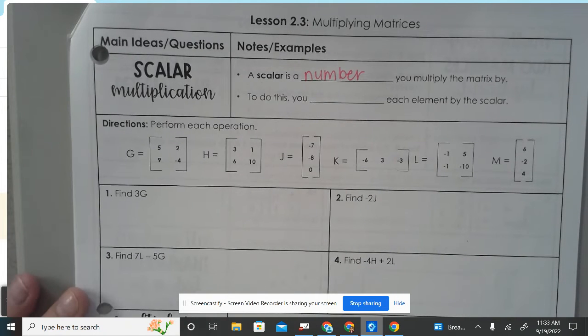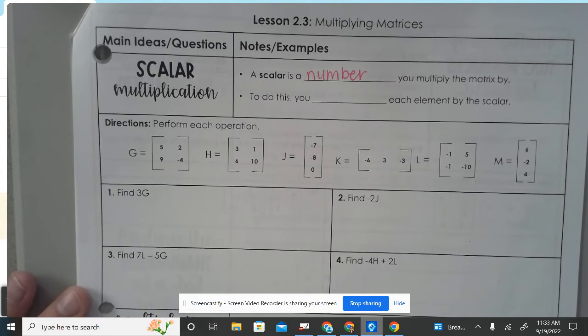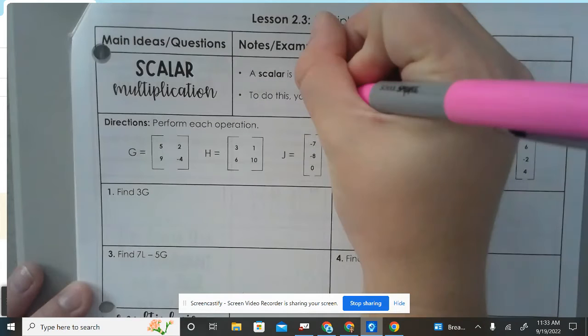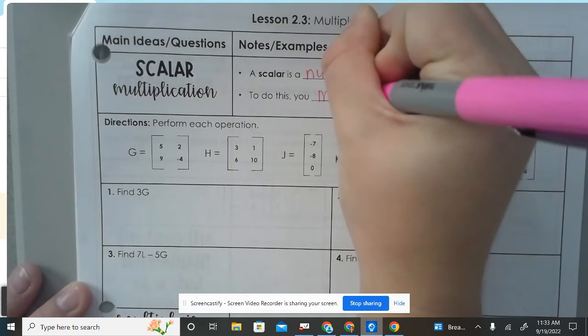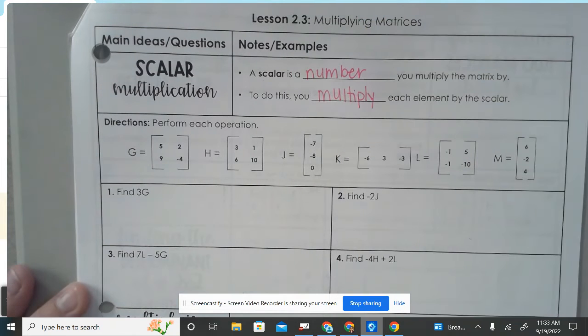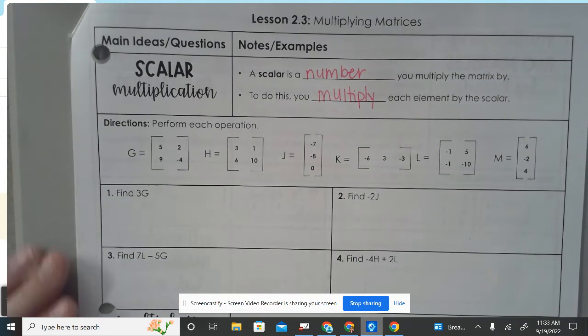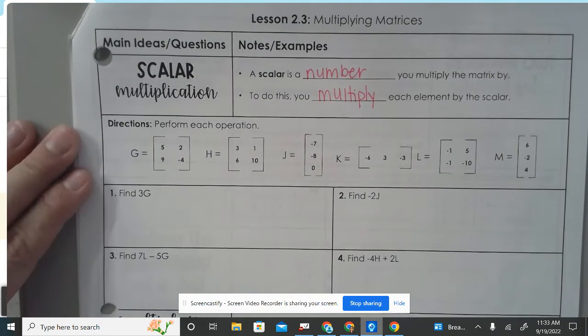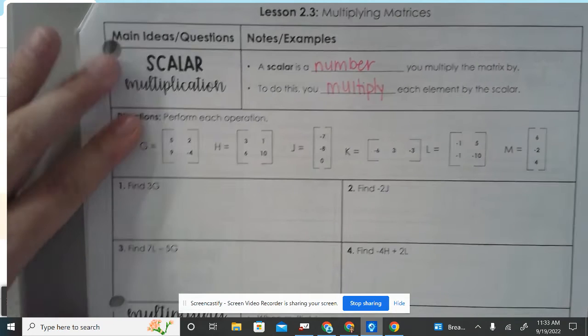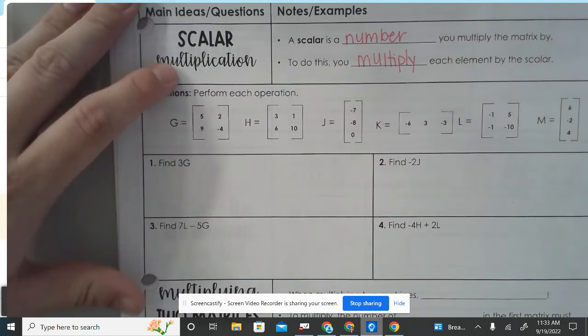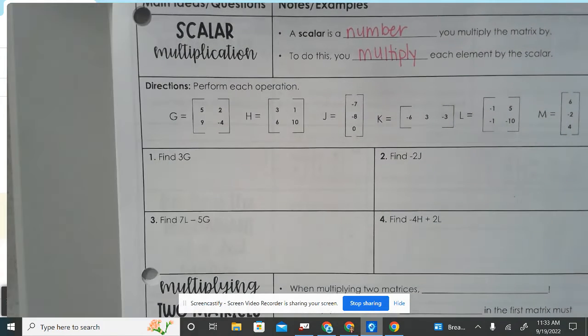That makes sense. So in order to do scalar multiplication, you multiply each element by the scalar, kind of like the distributive property. We're just distributing that number into each element of the matrix.